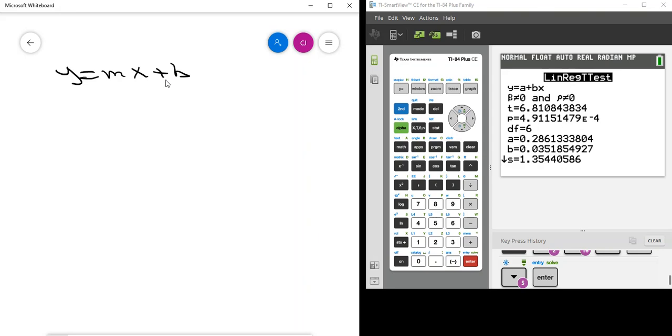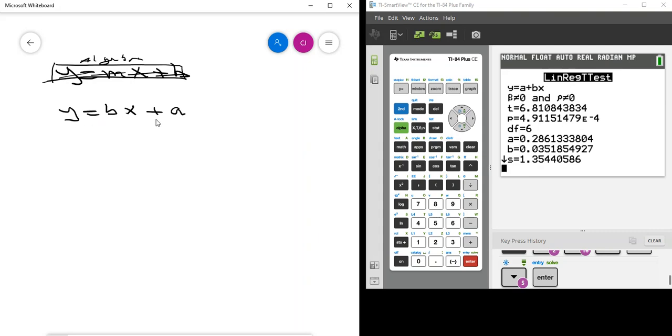All right. So this again was the way we wrote it in algebra. Now, in this calculator, I'm going to write it as y equals bx plus a. So again, we're going to just remember that this is what we are really doing here, but we're not using our same lettering.